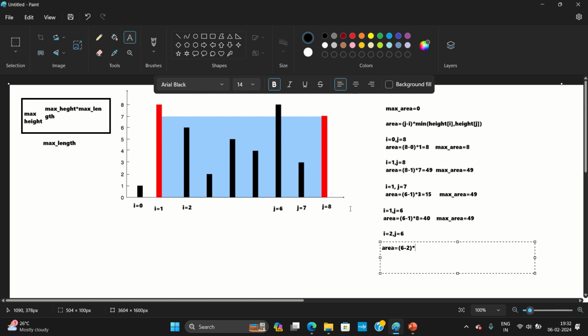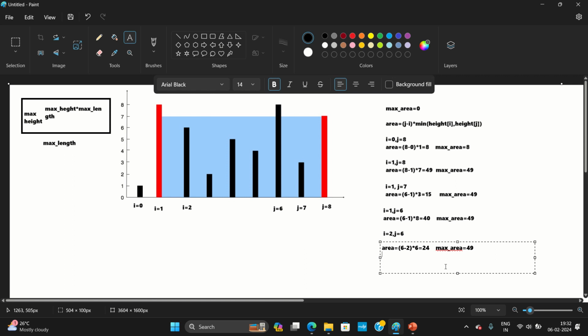So 6 minus 2 is 4, into 6, because this is the height we are having and this is the height we are having. So 4 into 6 is 24. Is 24 greater than max area? No, not yet. So max area stays 49.